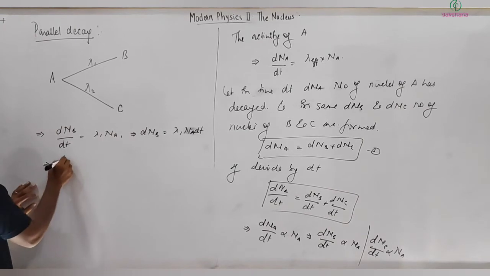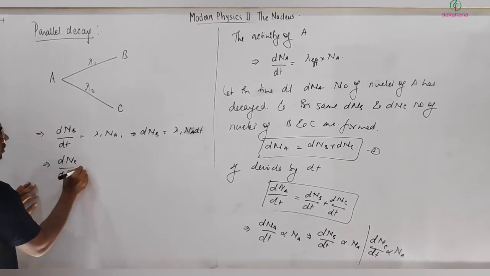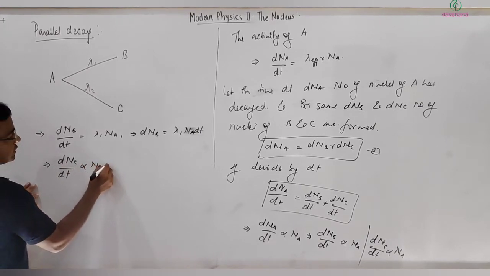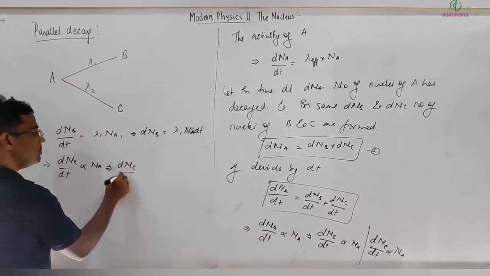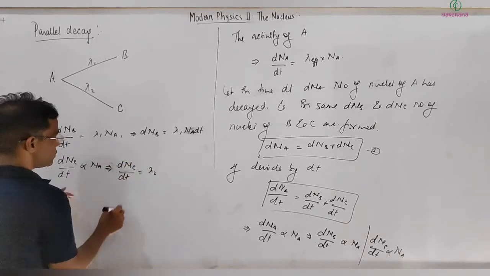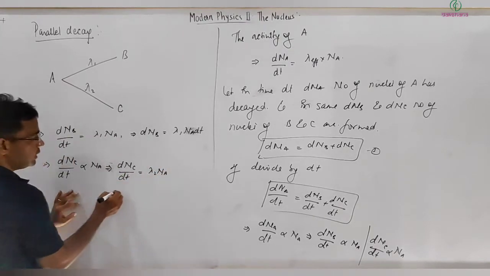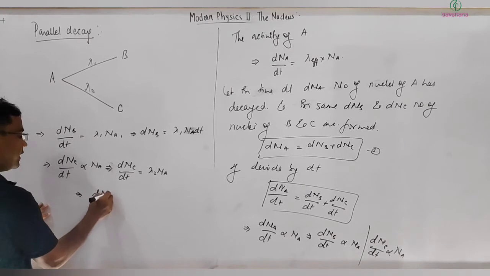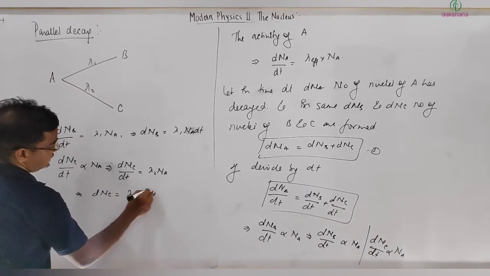Similarly, dNC/dt is proportional to Na. This implies dNC/dt is equal to, the proportionality constant for C will be lambda 2, into Na, and here we get dNC is equal to lambda 2 Na into dt.